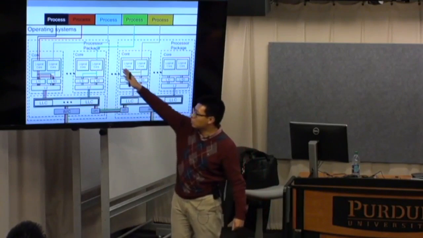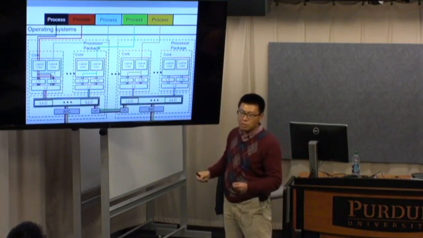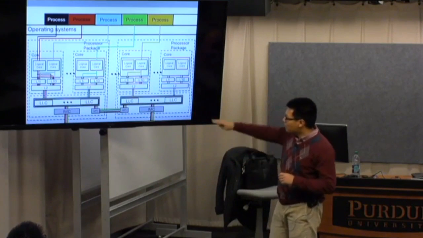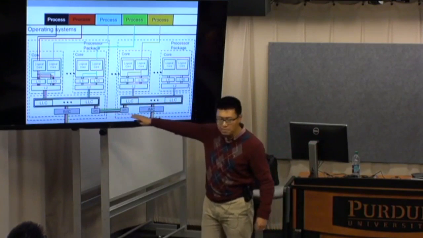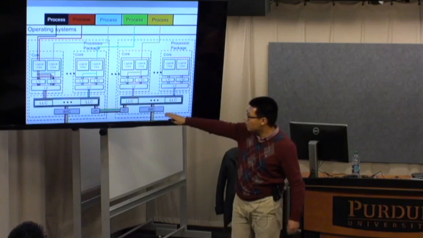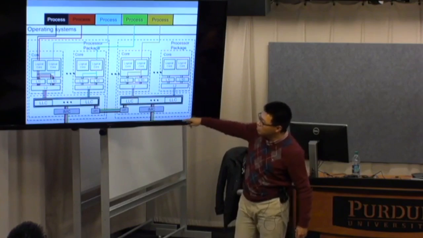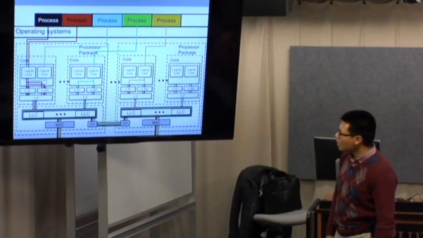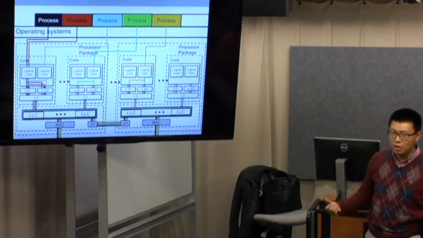This is within one CPU package, and there might be multiple CPU packages on the computer system, interconnected with QPI technology, and with the integrated memory controller they connect to the DRAM module, which should be showing here, but for some reason it does not show. So this is the hardware cache and memory system that I'm going to talk about today.